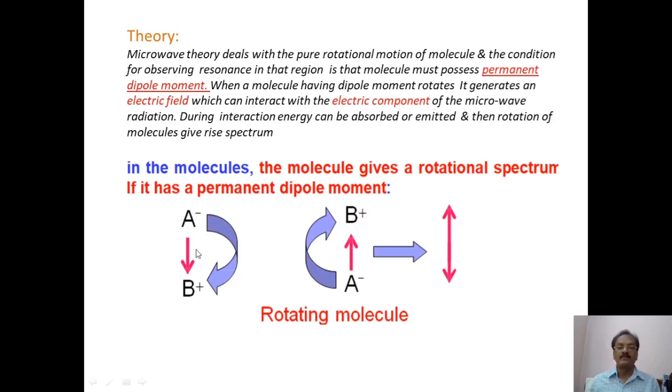Because of this distortion, the electron density between the two atoms changes. The more electronegative atom gets the partial negative character and the other atom gets a partial positive, then it is said to be a dipolar molecule. Only such molecules show rotation spectroscopy.